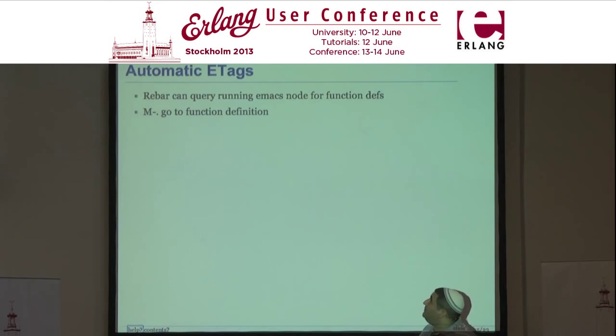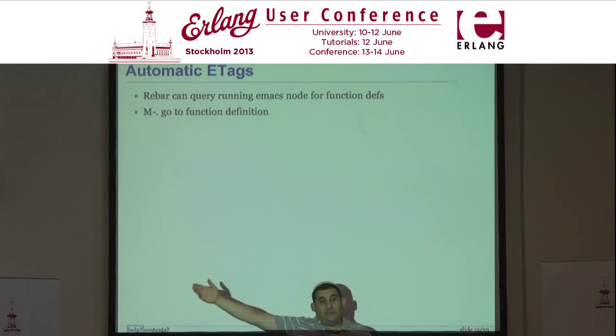My favorite Distel thing is, has anybody used etags in various languages? Okay. So like how in etags you can get Emacs to go from a function to wherever it's defined. Well, with Distel, instead of using etags, it's very nice, it can actually query the compiler or a running Erlang node and say, I have a function here, utils convert_to_binary/2.